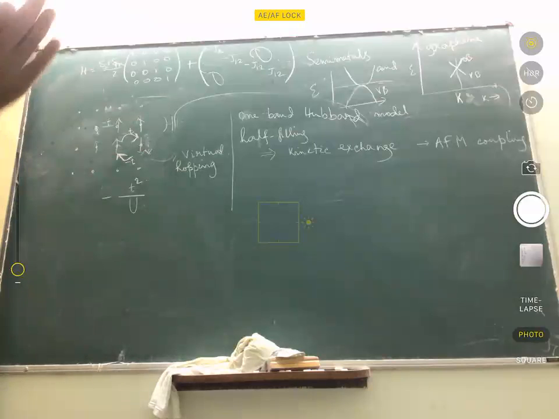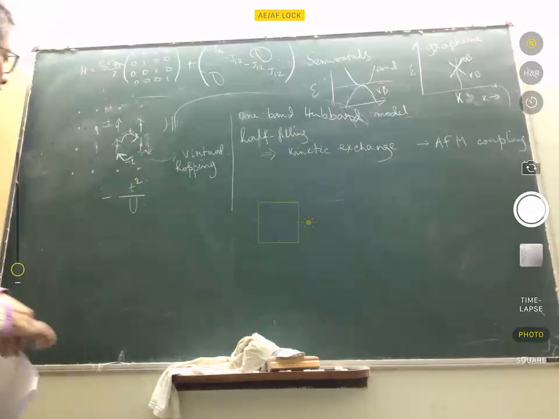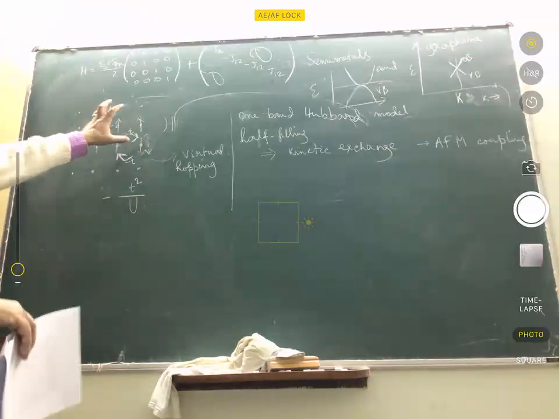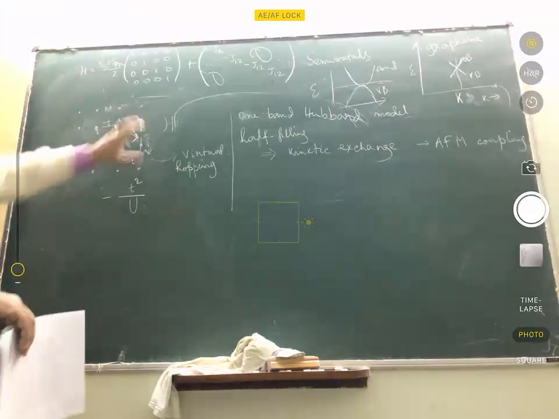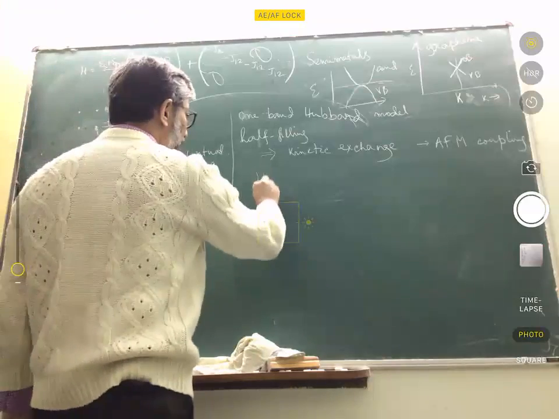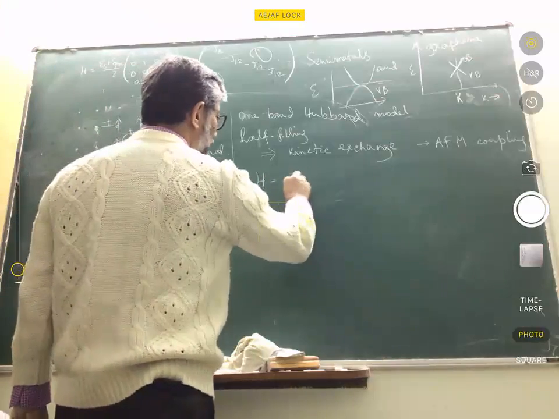I can forget about the interacting electron physics on the lattice and just focus on the physics of these spins, and describe that by a Hamiltonian, which we write.